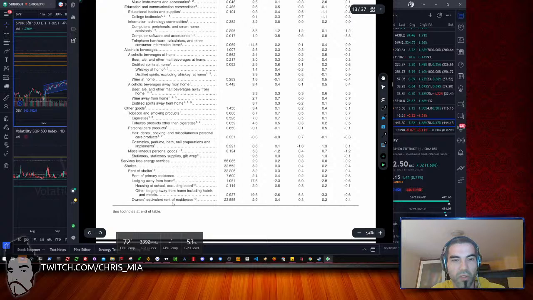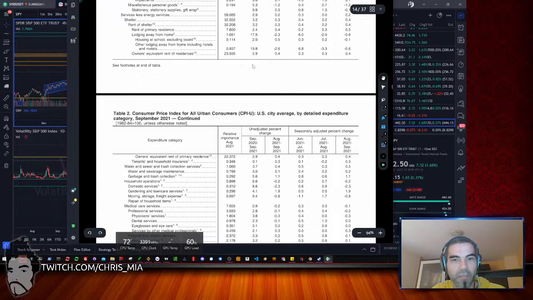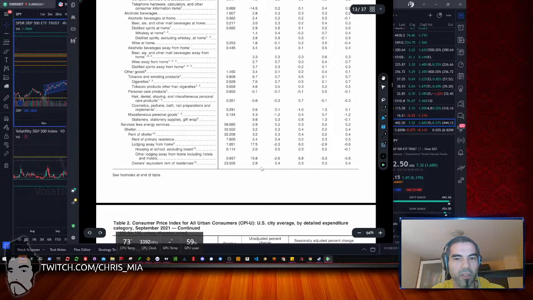Rent, owner's equivalent rent of residence, 2.9 increase. That would actually be one of the big issues. If this increase is heavy, the rent, we already have issues with rent, considering people had to not work for a while and they had to essentially depend on government subsidies to help them with their rent.